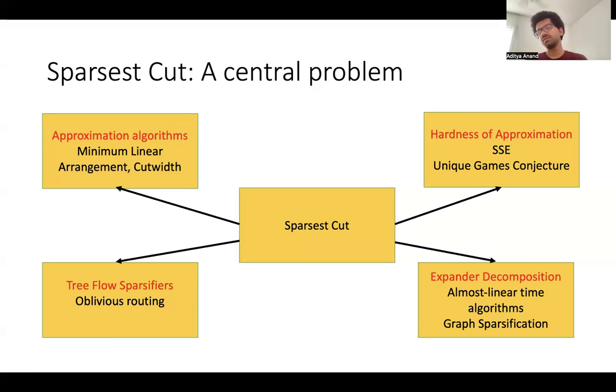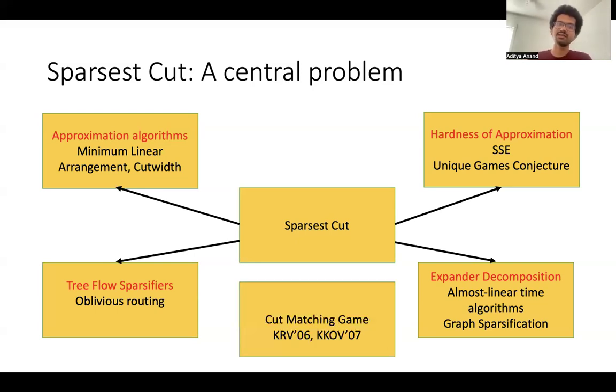And algorithmically speaking, probably expander decomposition is the most important application of sparsest cut, with almost linear time algorithms for many problems being obtained from expander decomposition. Graph sparsification is another application. And tree flow sparsifiers are yet another application in graph theory, where these are really powerful objects that help us approximate many cut problems and also solve the problem of oblivious routing. So it's a very important problem, sparsest cut.